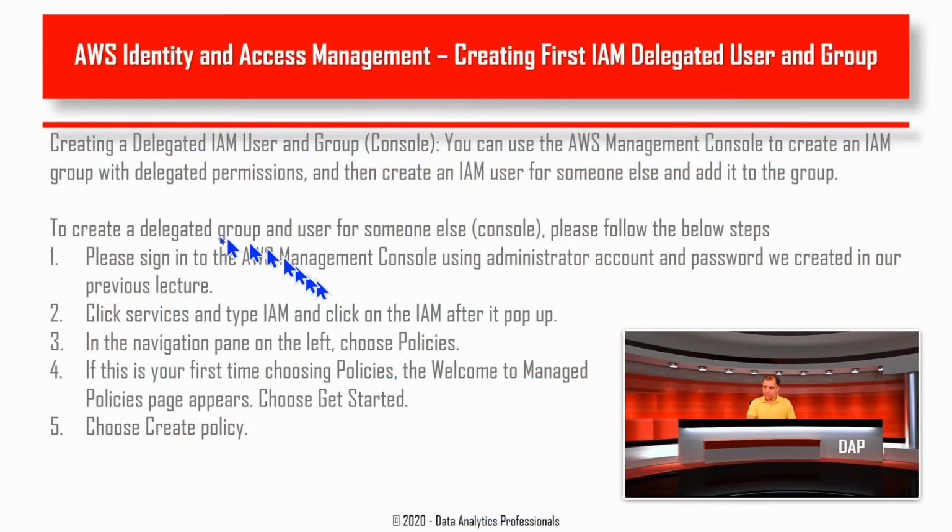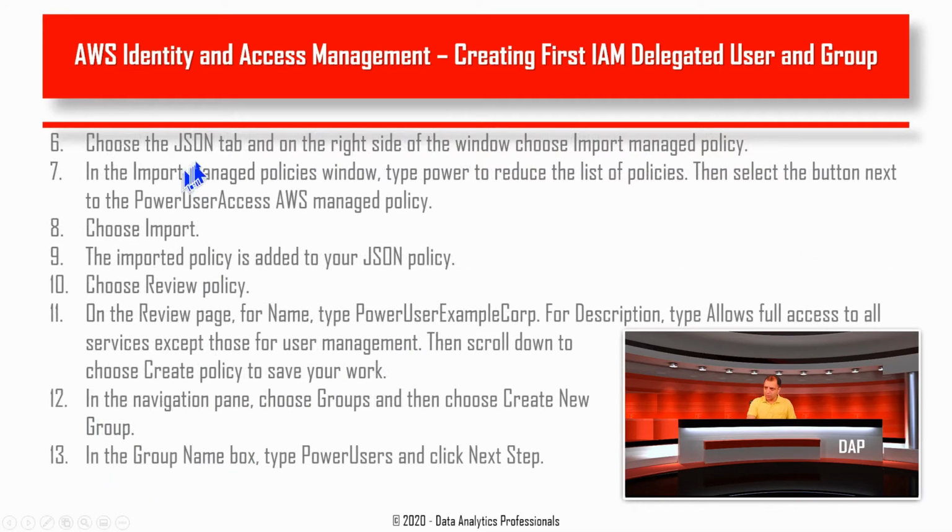So if you see now, here is the sign in, and then pick the IAM services, then go into the navigation pane, and then pick policies, and then you are creating a policy here. Then you are moving into that JSON tab and doing all that I have requested for importing a policy, and then reviewing the policy, and once you create that policy, then you are moving into create a group. Okay, that's what we did.